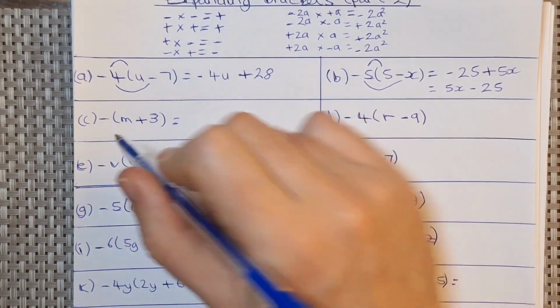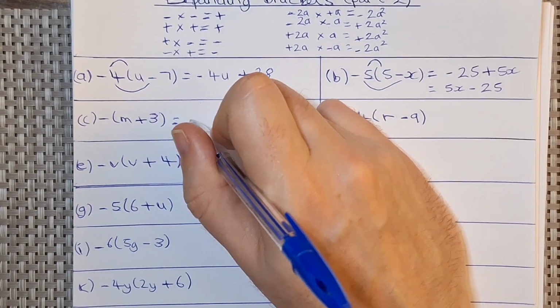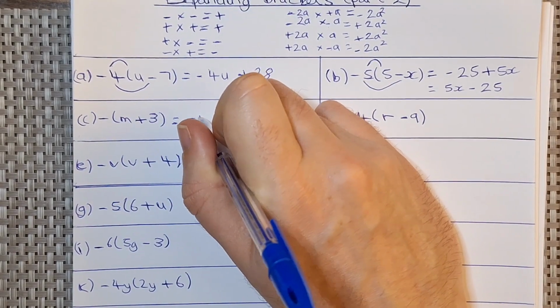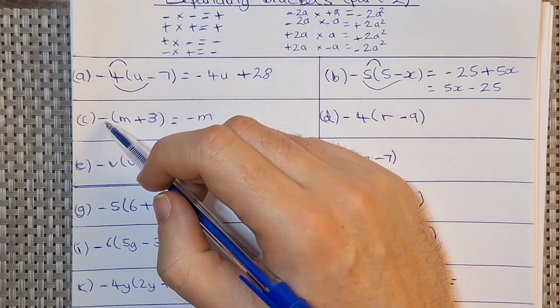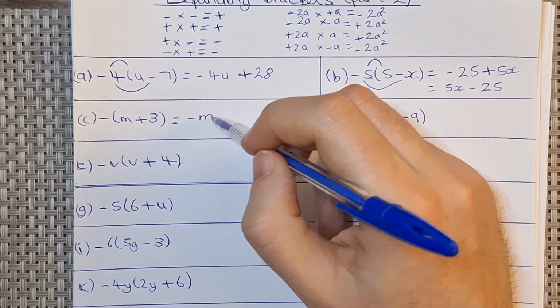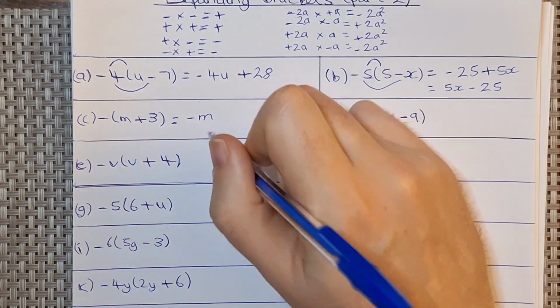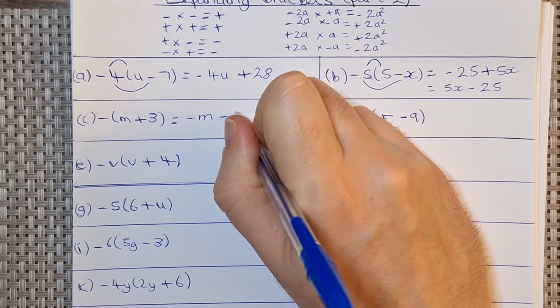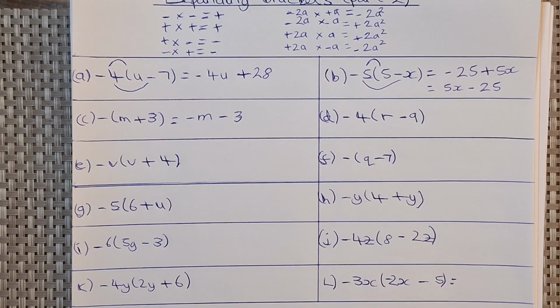Minus, let's just assume that's minus 1, times m is going to give minus m. 1 times m is m, and minus times a positive gives minus m. Then minus 1 times positive 3 is minus 3. Here we have minus 4, and then in brackets r minus 9.